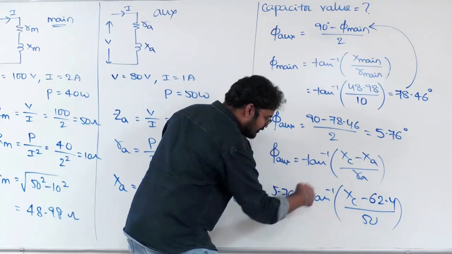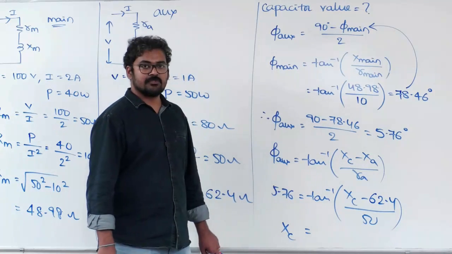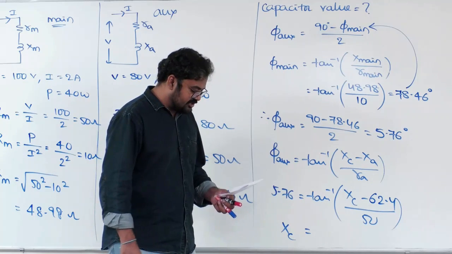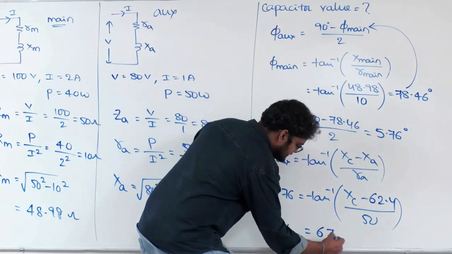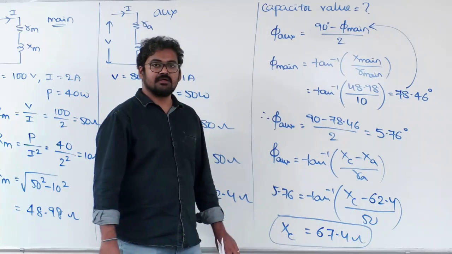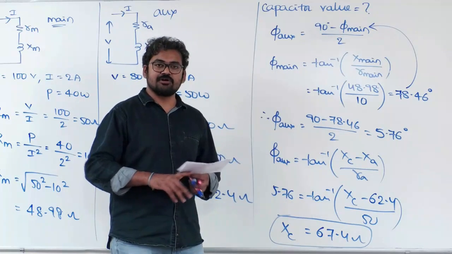X auxiliary is 62.4, R auxiliary is 50. If you solve this using your calculator, you will get the XC value first. Do it with the calculator. I will tell you the value. XC will be equal to 67.4 ohms.